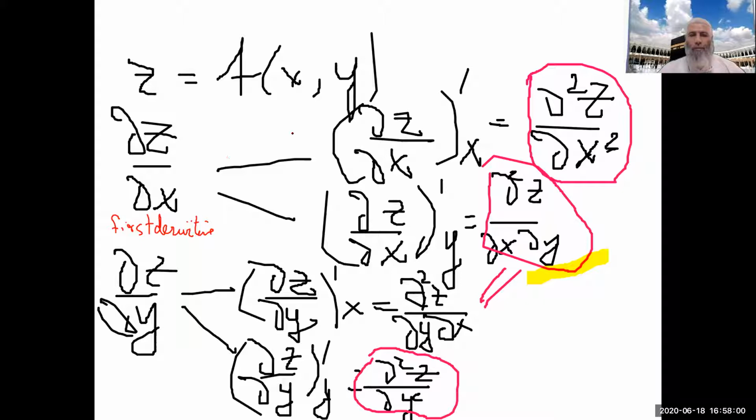And this is the second derivative here. This is the second derivative to y, and this is the first derivative to y. We have two ways here again. Second derivative of x and second derivative of y. Okay? Yes. Okay.